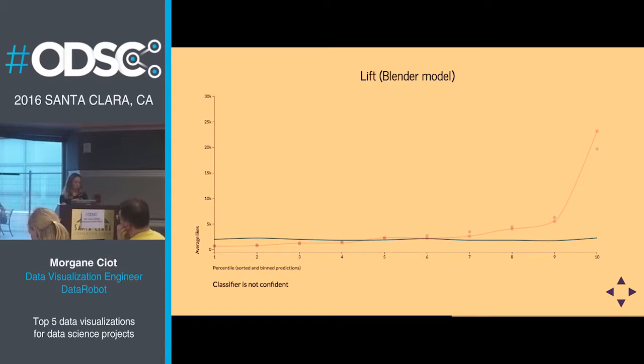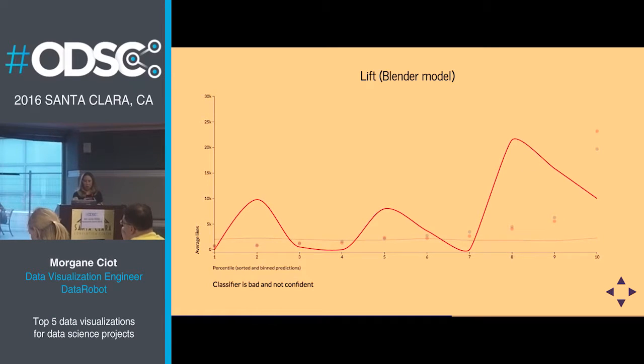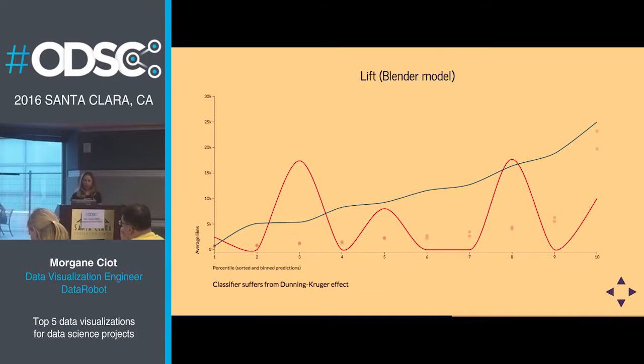In the most extreme case, a classifier that's not confident at all might be predicting pretty much the same value, and you'd get a straight line. And if it's bad and not confident, then you would also see a very erratic actual line. But if it's very confident, then you'll still see a line that has a lot of lift, but you'll still see this erratically fluctuating actual line.